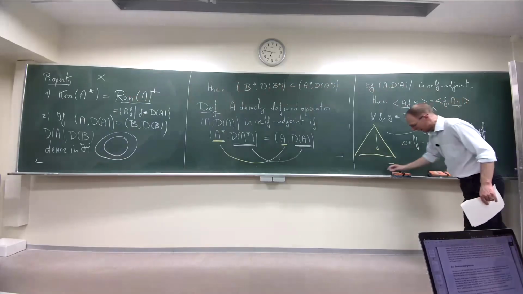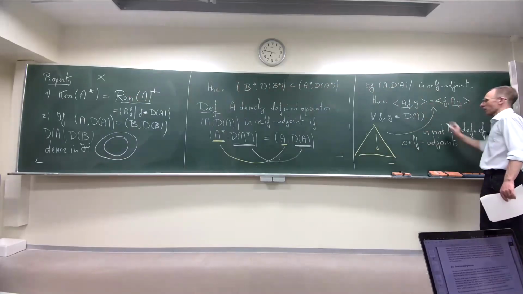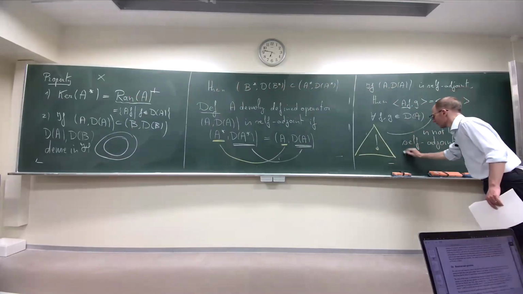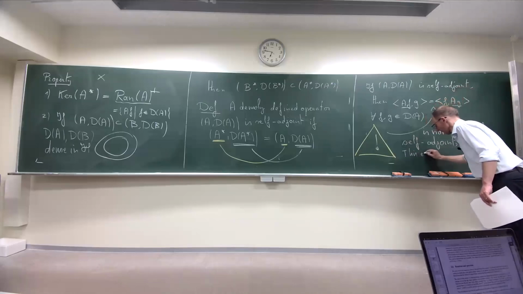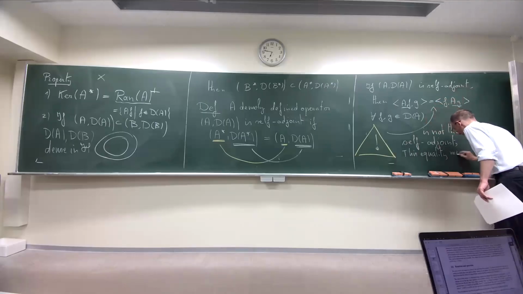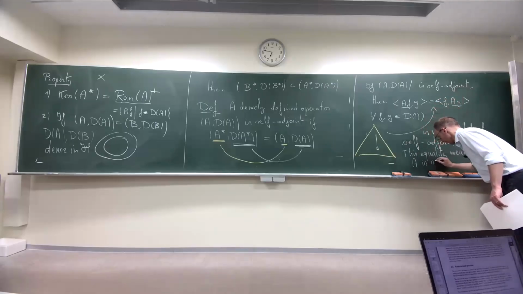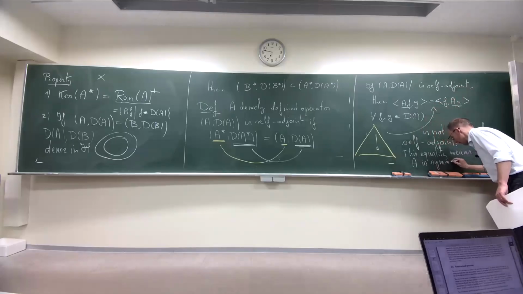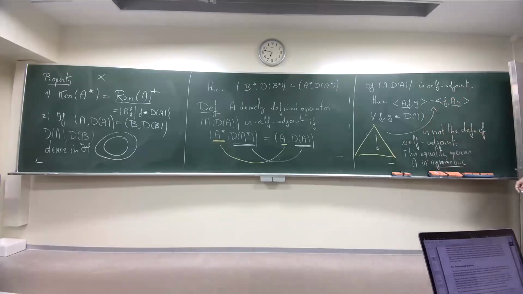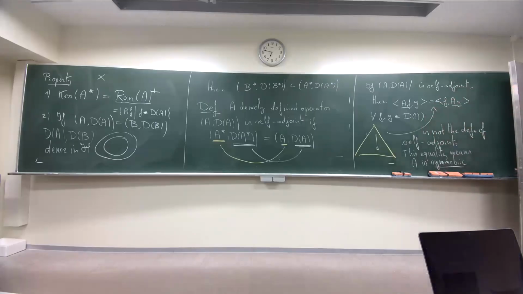In fact, it is a definition of something. This equality means A is symmetric. Whenever we have an operator which satisfies this, we call it symmetric. We say it's symmetric, but it's not self-adjoint.